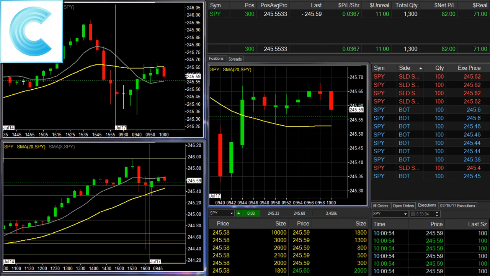We'll see if we can get more shares. If each one of these potential areas of support breaks, then we want to reconsider the whole entire position.